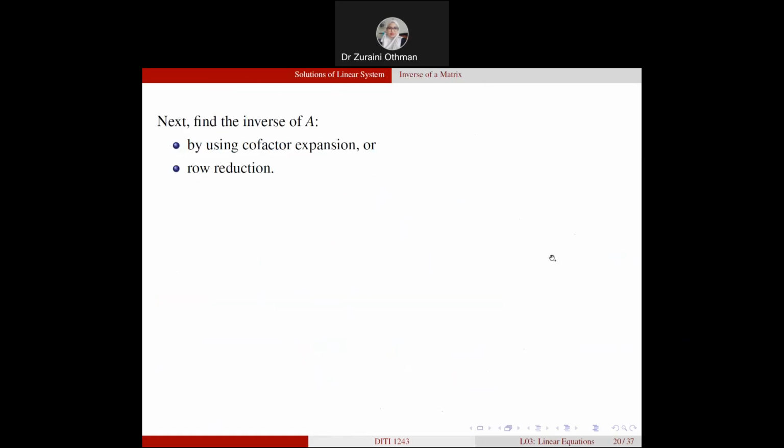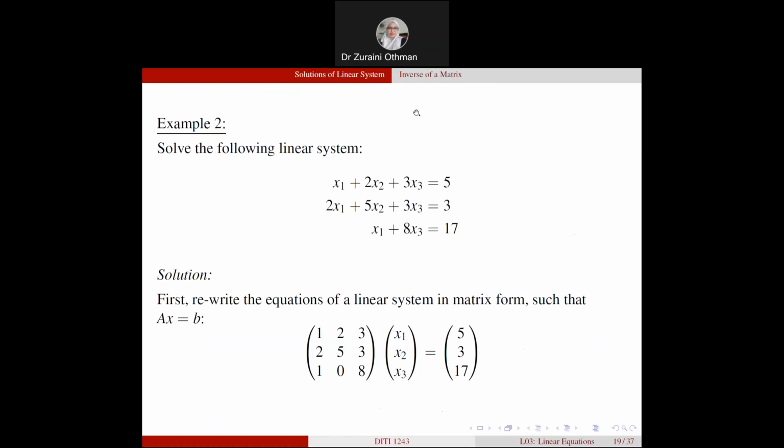Okay, here. Now we want to do the cofactor technique. So for this technique, we use cofactor expansion. Okay, remember again? How to find a cofactor by using the matrix, inverse matrix. Macam mana? Okay, tadi kita ada, sekejap saya tulis dia punya matrix. Okay, 1, 2, 3, 2, 5, 3 and we have 0, 1, 8.